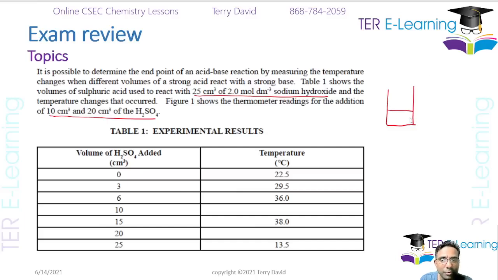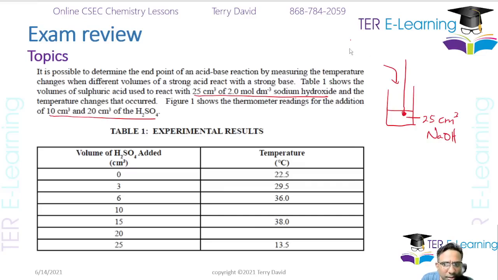And in the styrofoam cup, you have 25 cm cube of NaOH. That's what you have here inside of the cup. And then, first of all, you're going to put a thermometer inside here, by the way. So you have a thermometer here.